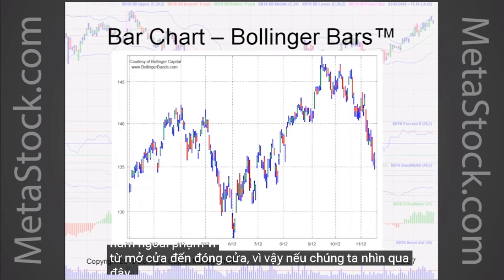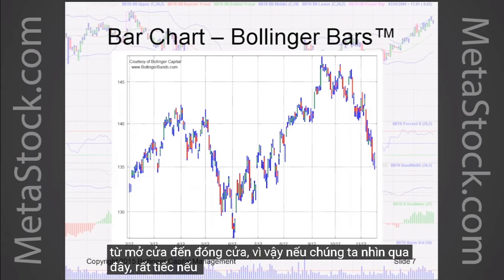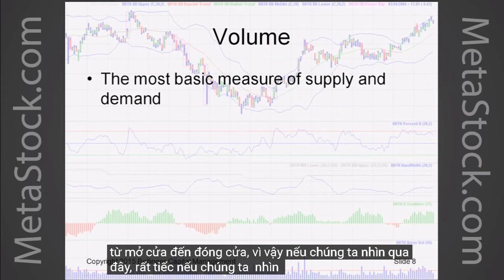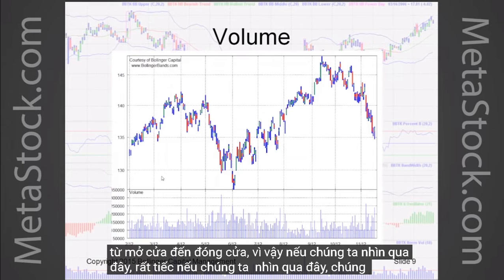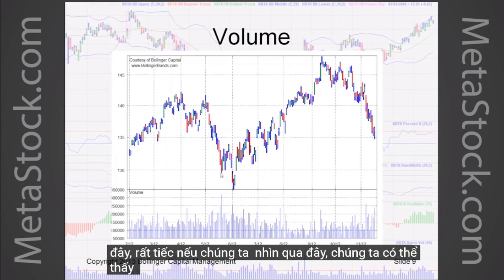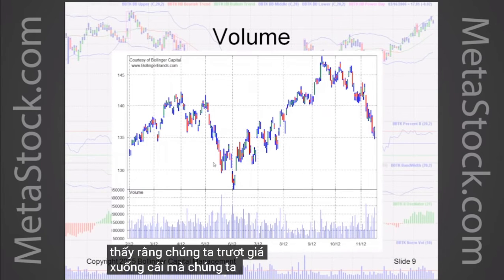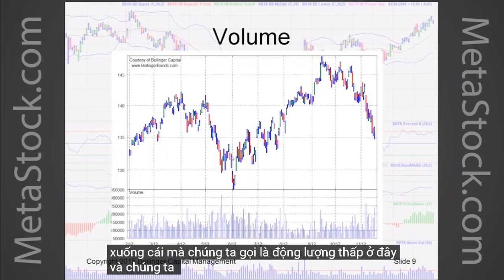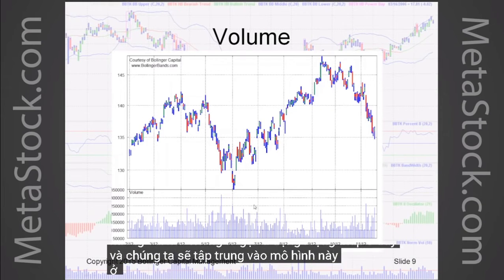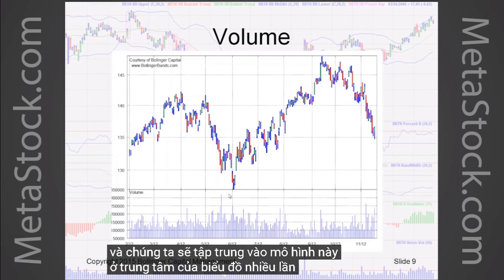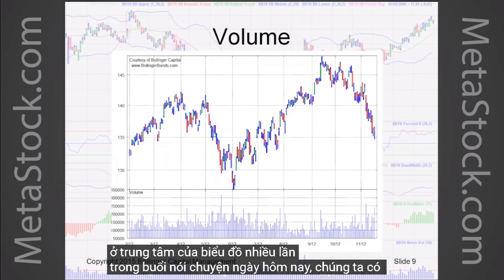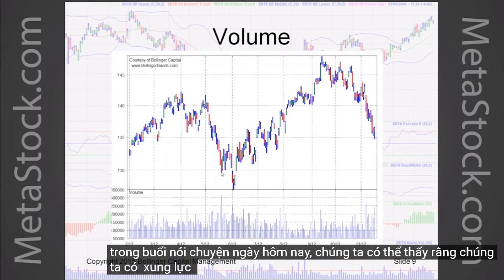So if we look over here, we can see that we're sliding down in price into what we call a momentum low here, and we're going to focus on this pattern in the center of the chart repeatedly during our talk today. We can see that we have very strong impulses to the downside.